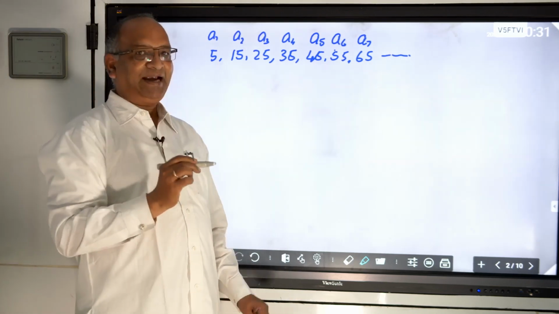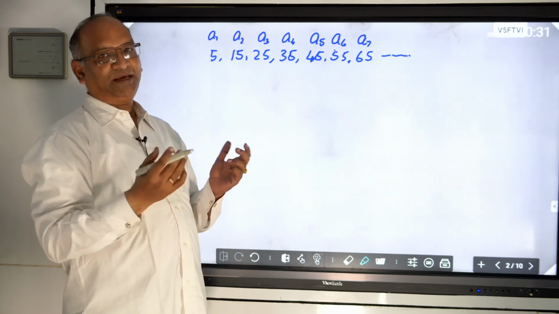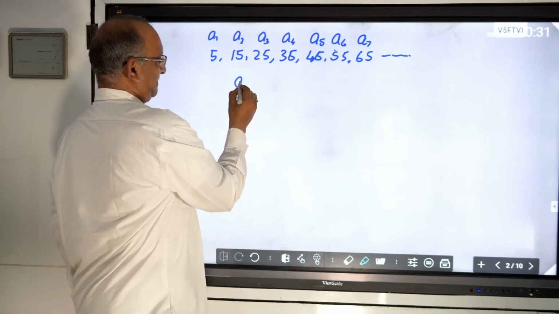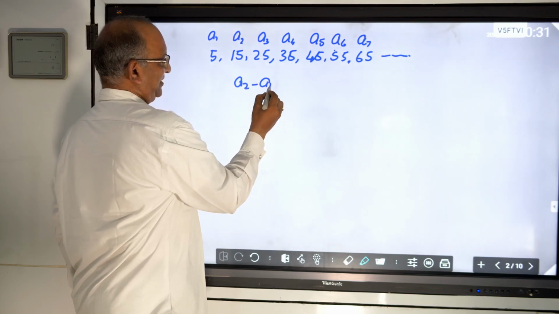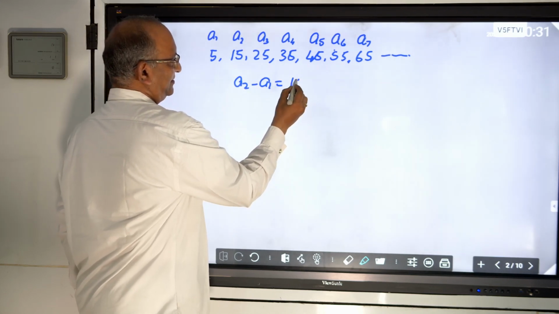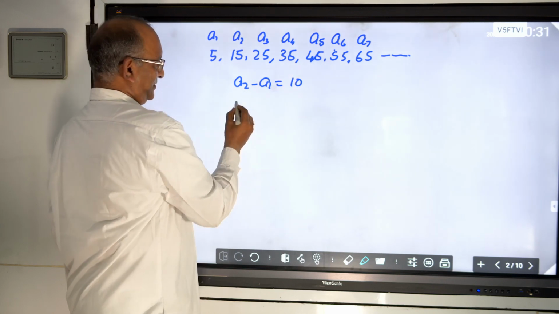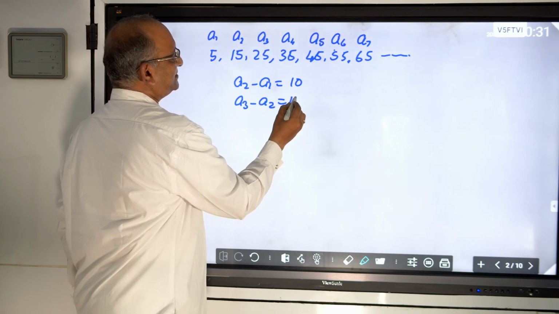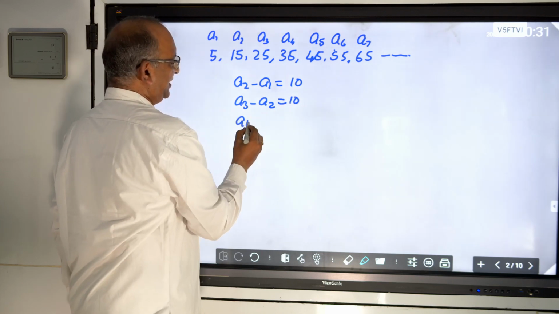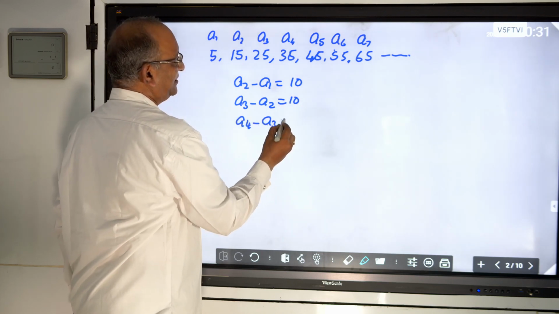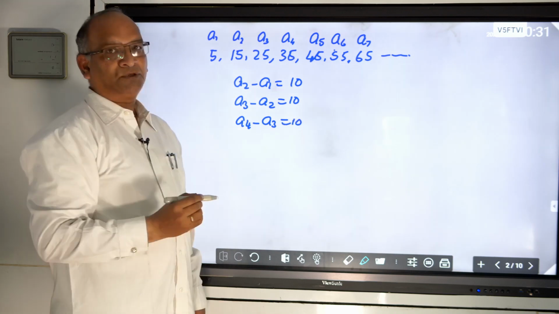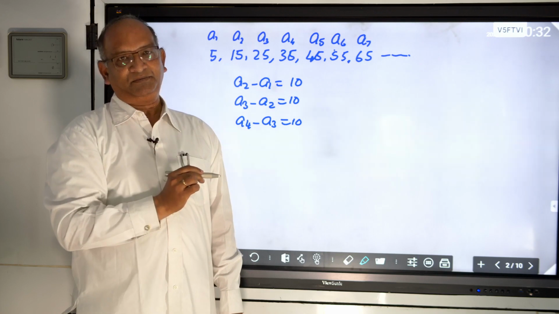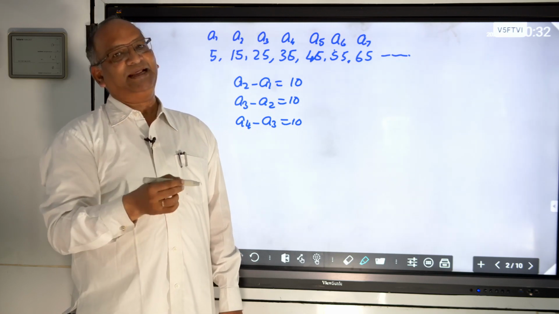What is it that we are adding to each term? You can easily find out the difference between A2 and A1 here is 10. The difference between A3 and A2 is 10. The difference between A4 and A3 is 10. So 10 is the number which we are adding to each term in order to get the next term.